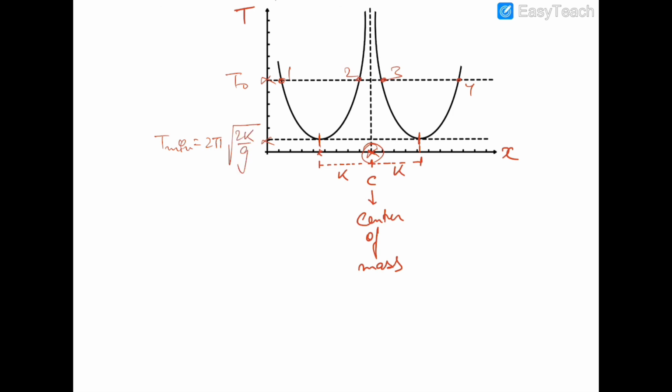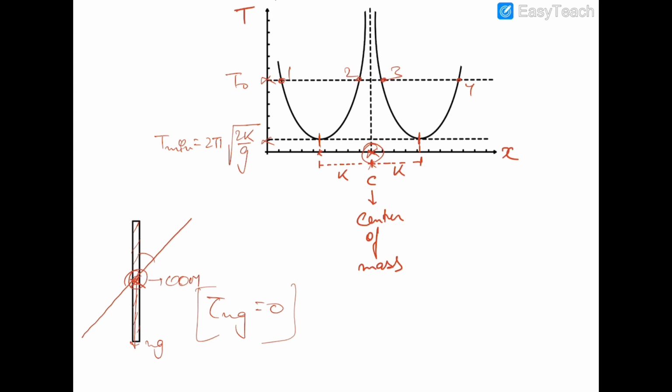And about the center of mass, if we hinge this rod, then there would be no torque. You can see by the example that if this rod is hinged about its center of mass, this is COM, then if we displace this rod in this position, mg would be acting about the hinge, and therefore there is no torque of mg which would restore the rod into its original position.